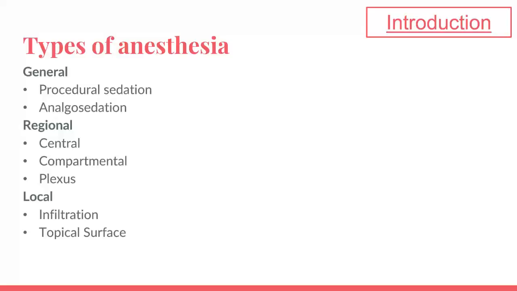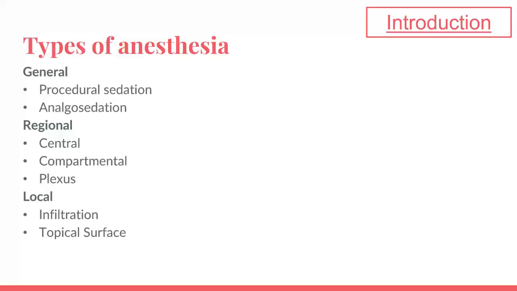We can also distinguish nerve blocks when we anesthetize a specific nerve, but its effect is distal to the site of local anesthetic injection. We talk about plexus anesthesia when several nerves are anesthetized at once, which usually results in a wider area of anesthesia than with nerve blocks.